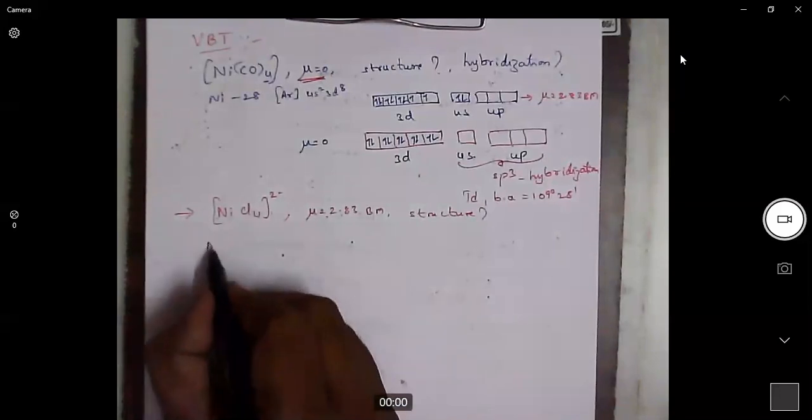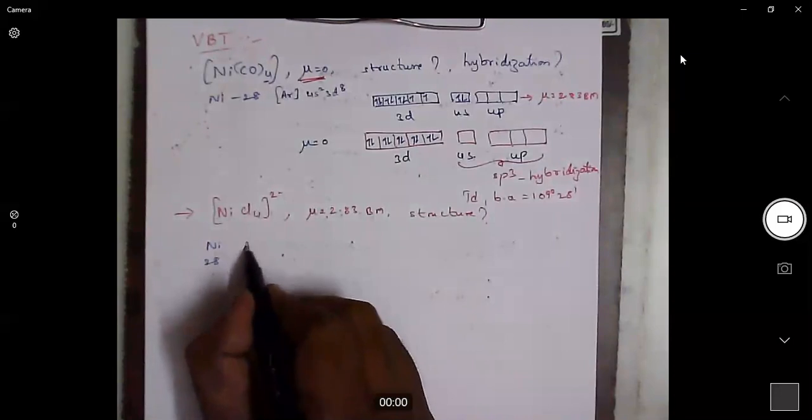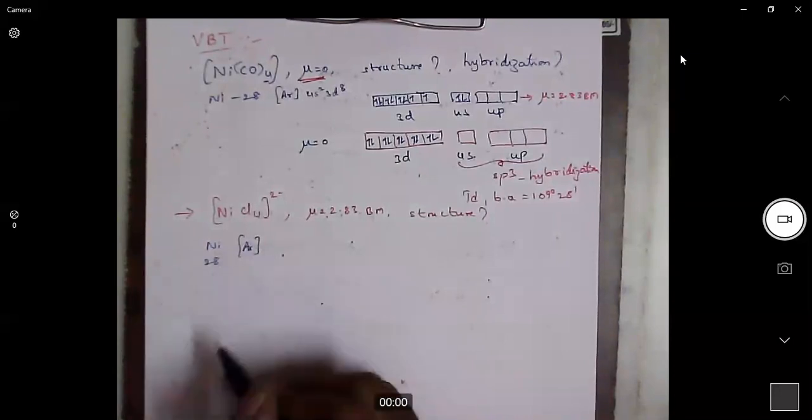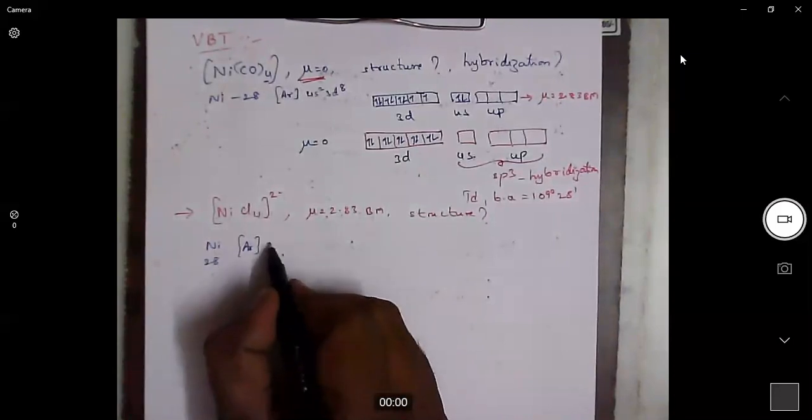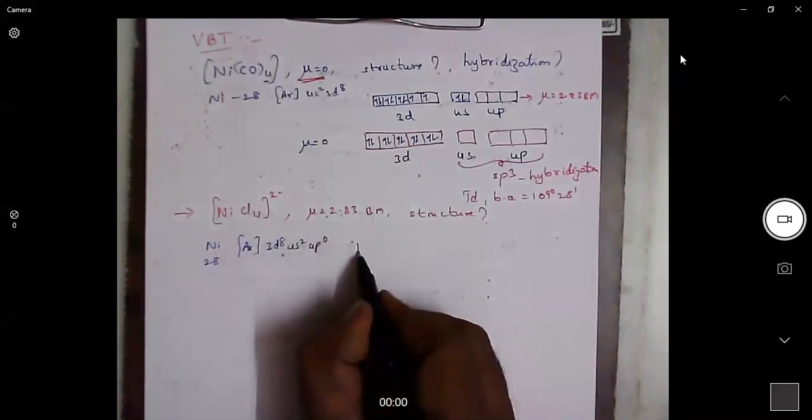Of course, we know nickel atomic number is 28, whose electronic configuration is 3d8, 4s2, 4p0.